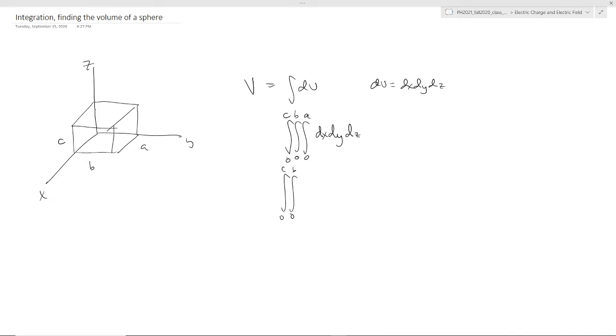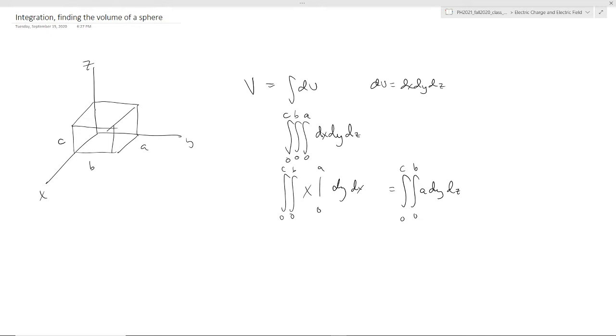So this would become the integral over x from 0 to a. We haven't integrated over the other dimensions, and you know that would just pick up a factor of a, times the integral of dy dz. Notice a is just a constant. It is not a function of y or z, so you could pull it out.